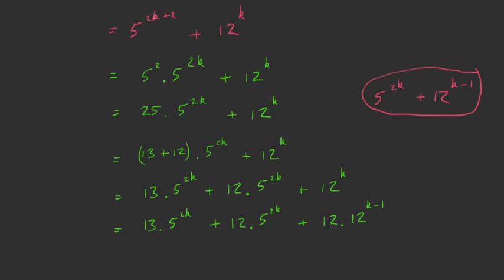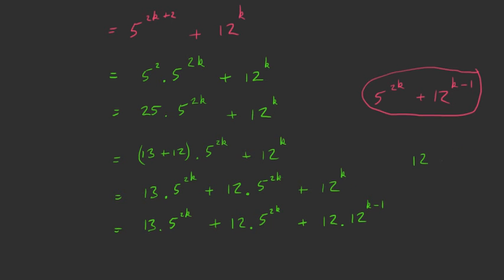These two together, this is 12 to the power of 1 times 12 to the power of k minus 1. You just add the two indices, 1 plus k minus 1 will just give me k. So you'll end up back here again.